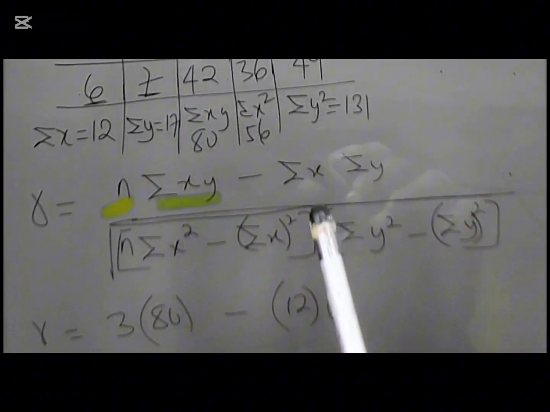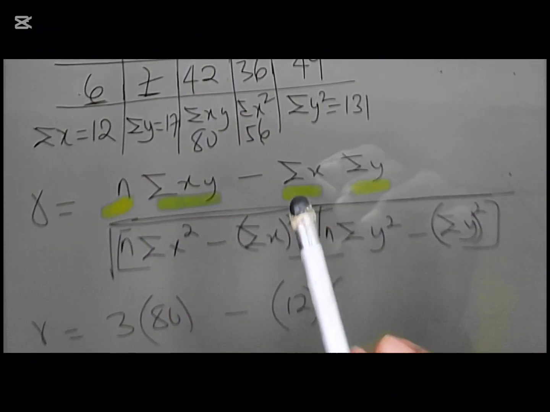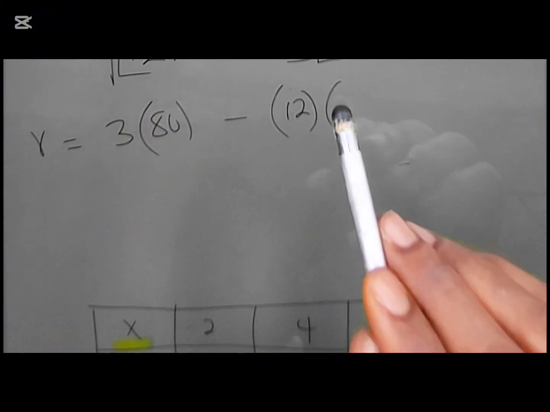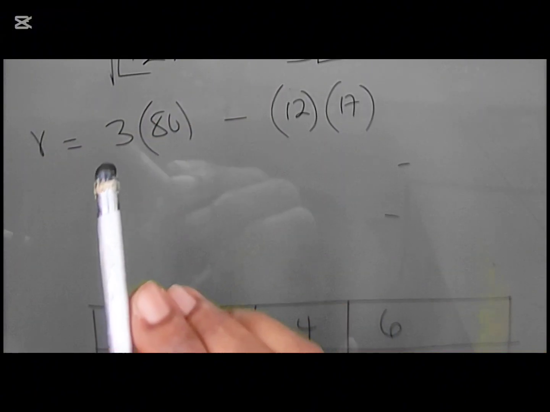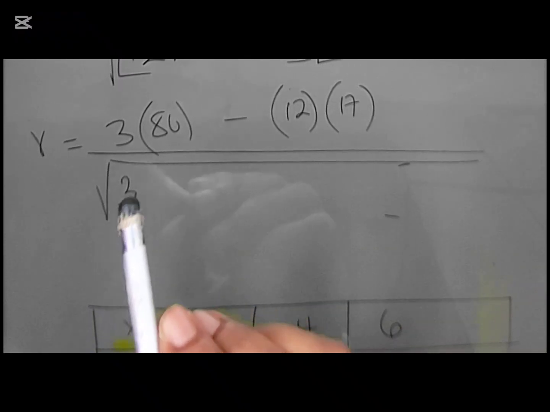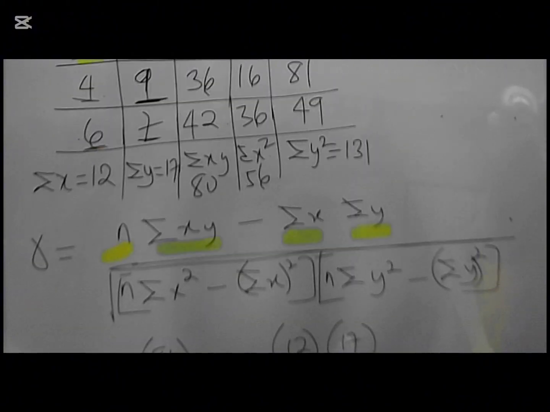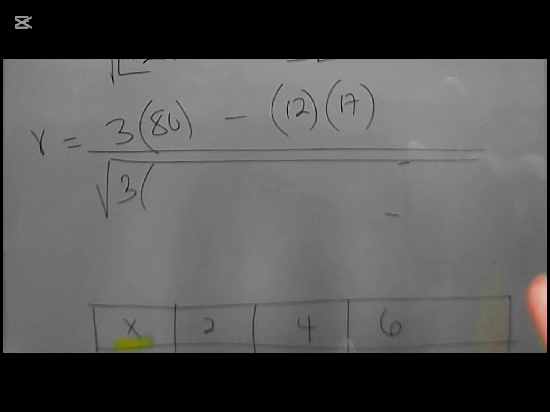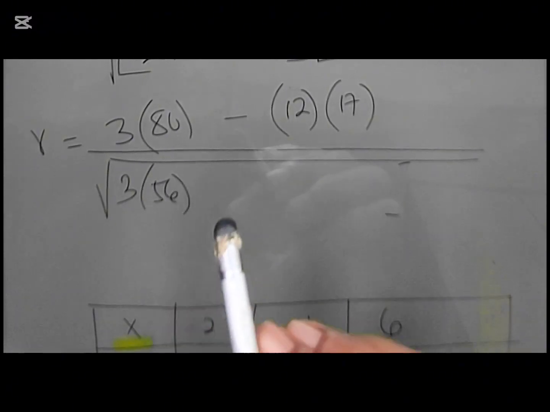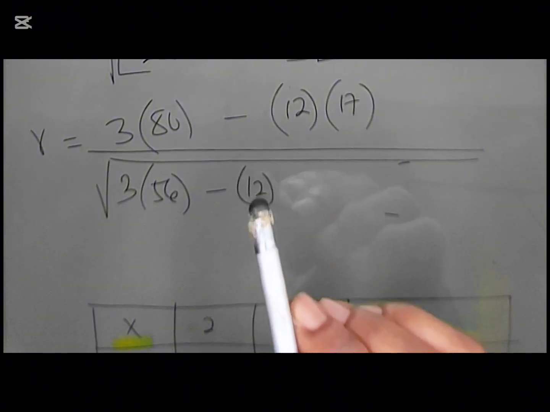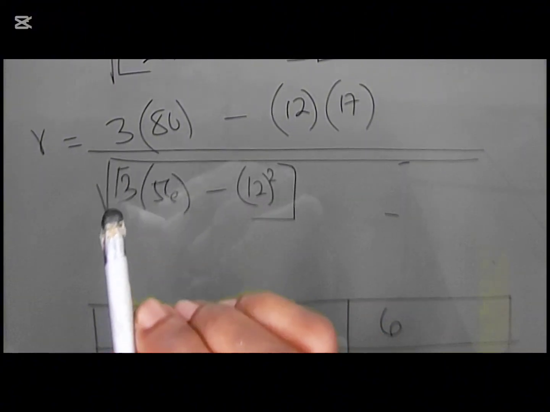Sum of y, we are using this formula here. Please take note. Sum of y is 17. All divided by the square root of 3 into sum of s squared, which is given to us as 56, minus sum of s, which is 12, squared, as in the formula.